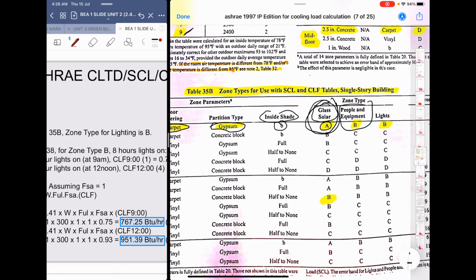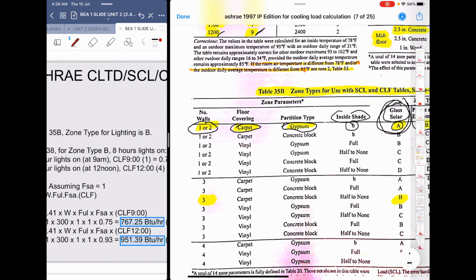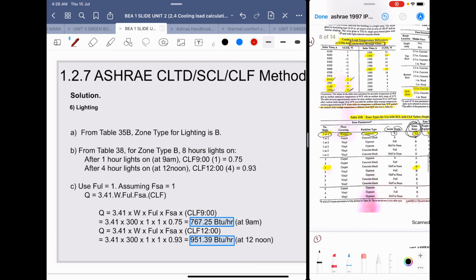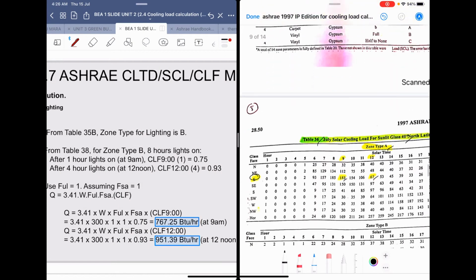For the light, we are in zone type B. Then we have to go to table 38 for zone type B, 8 hours on.